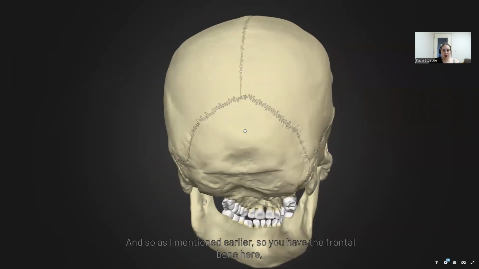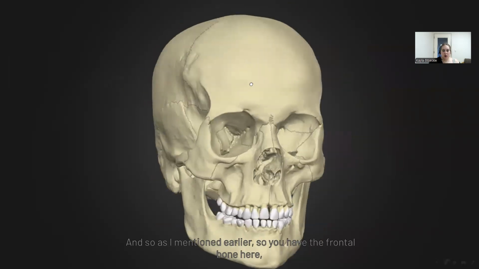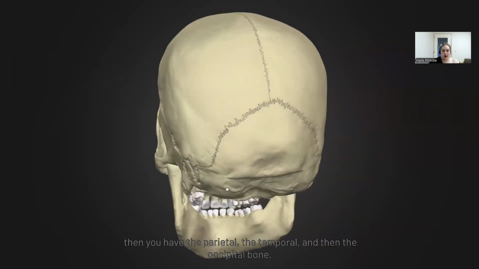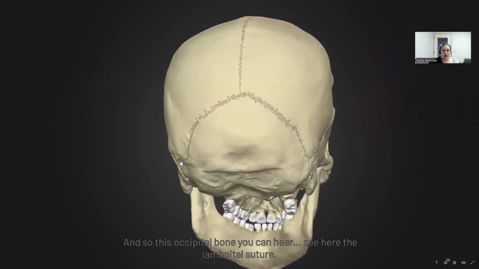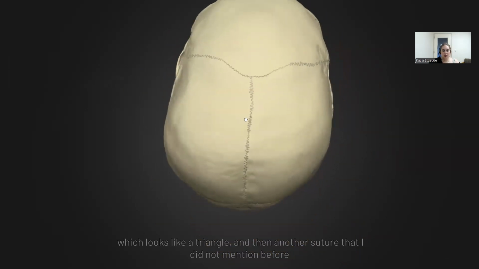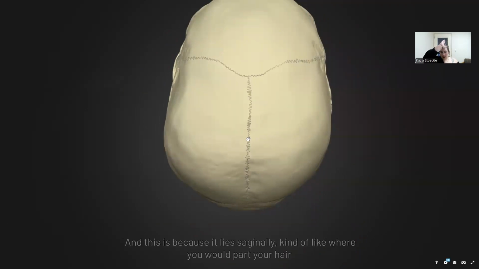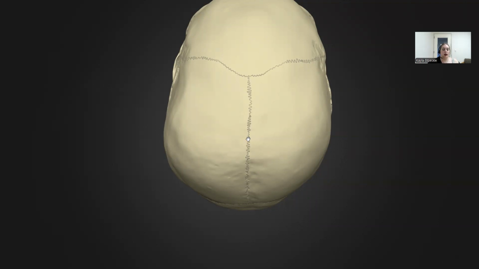As I mentioned earlier, you have the frontal bone here, then the parietal, the temporal, and then the occipital bone. On this occipital bone, you can see the lambdoidal suture, which looks like a triangle, and then another suture that I did not mention before was the sagittal suture, and this is because it lies sagittally, kind of like where you would part your hair if you do a middle part.